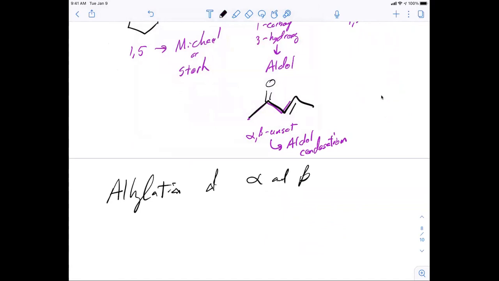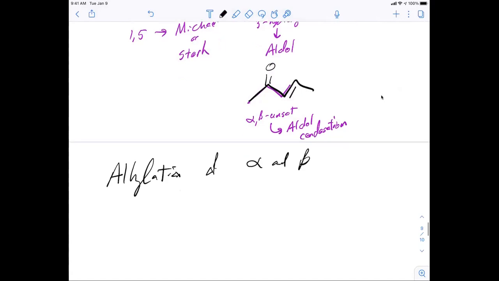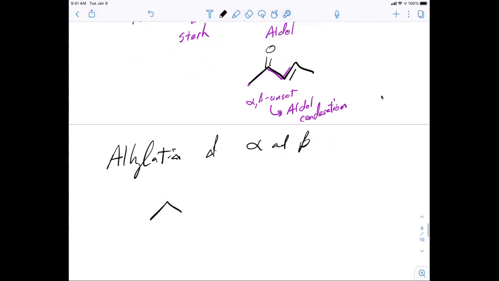Now we've looked at alkylation of the beta position. You form the enolate and have it react with an electrophile. And we looked at alkylation at the alpha position. We looked at the alkylation of the beta. So if we think about this species, we need to form the enolate.